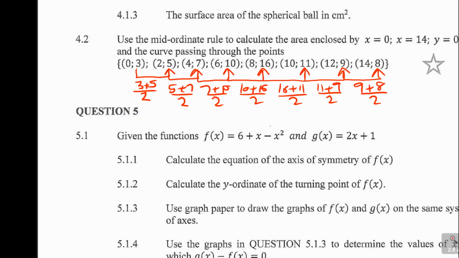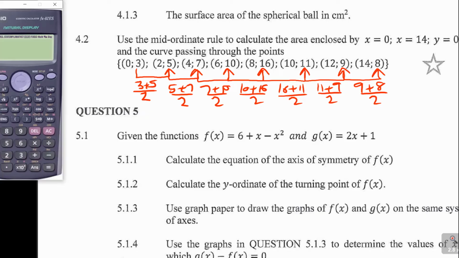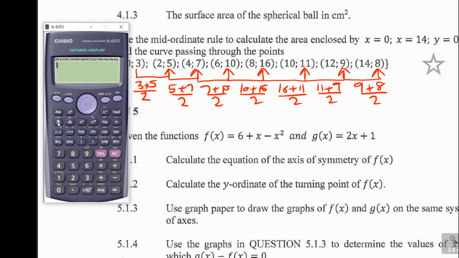So you can actually use the calculator directly to go through this. When you do that, you will have 3 plus 5 over 2, and then plus, you are adding the sum. Your next one is 5 plus 7 over 2. You continue, plus, and then you've got 7 plus 10 over 2. Mid-ordinates means you're dividing by 2.